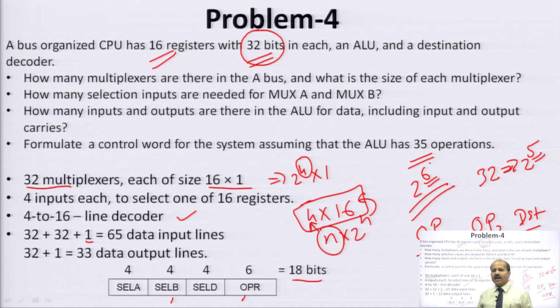What is the output line? 32 plus 1, because 32 multiplexers will be used for transferring the result, and 1 extra output line which is given here. So, the total number of output lines in this case will be 33. This way we can solve the problem for selection of registers. So, come to the next problem.